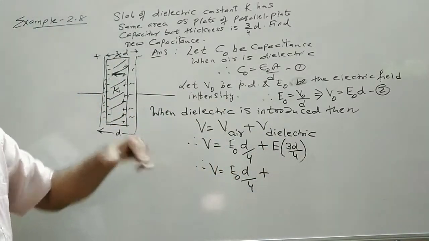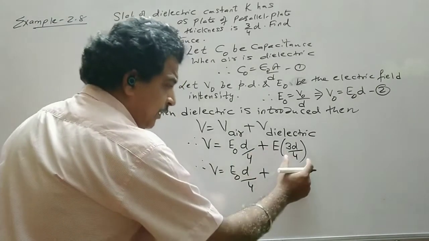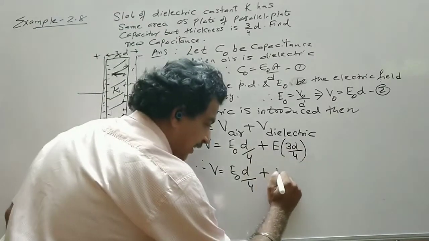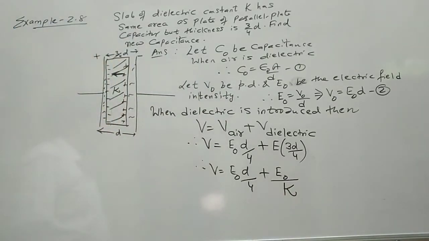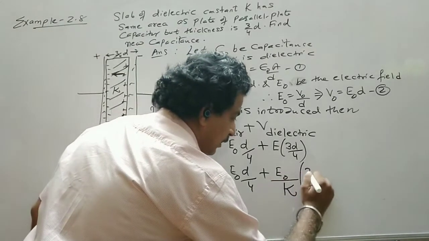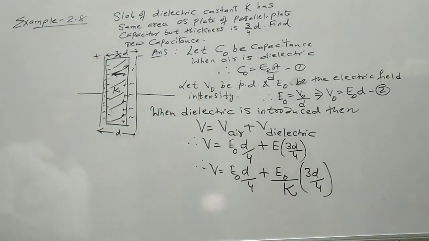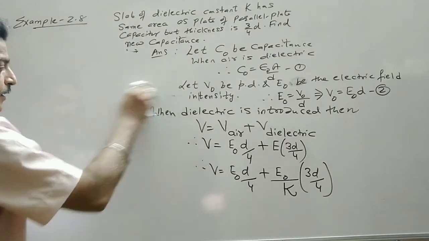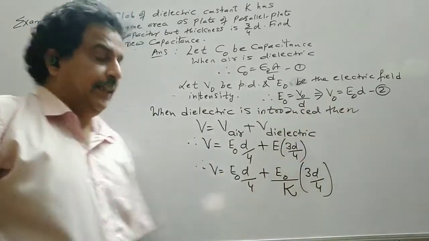So the E formula remains the same, that it becomes 1 by K times, but only for the 3D by 4 portion. So in the place of E, I am writing E naught divided by capital K into 3D by 4.